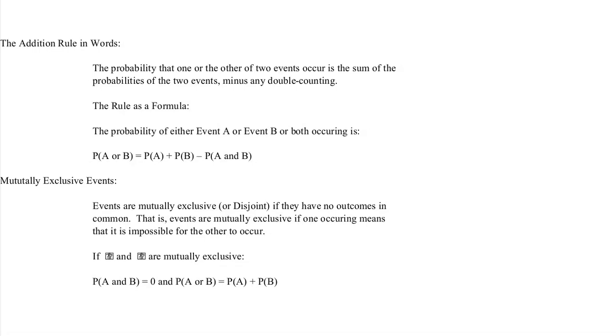If two events are mutually exclusive, then the probability that they both occur is 0. Mutually exclusive events have nothing in common. If one occurs, the other can't. So the probability they both occur is 0. So the probability that one or the other occurs is the probability of one plus the probability of the other.